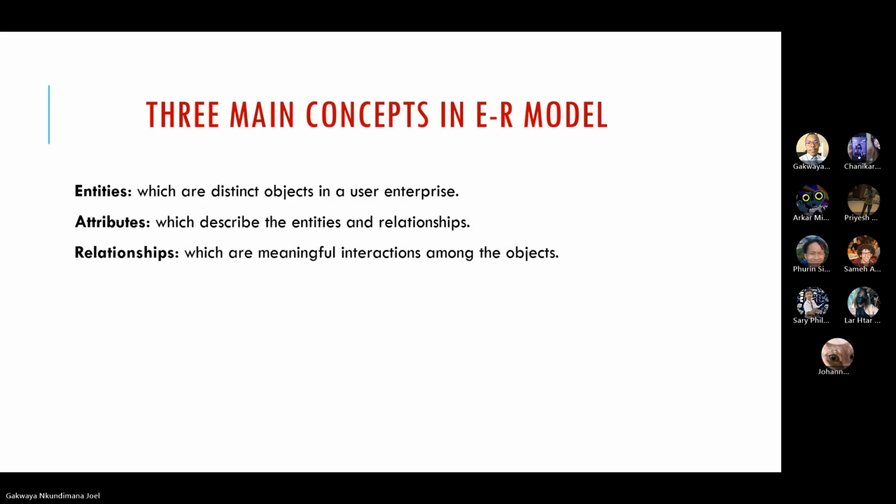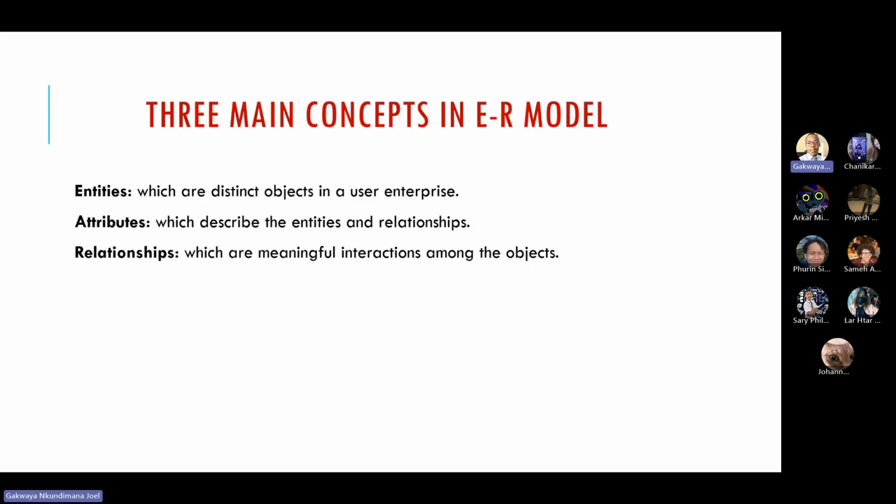I mentioned there are two terms which are used interchangeably: entity and object. When I say entity or object, please understand the same thing. So these are the relationship, three concepts. There is the last one which I did not mention here.